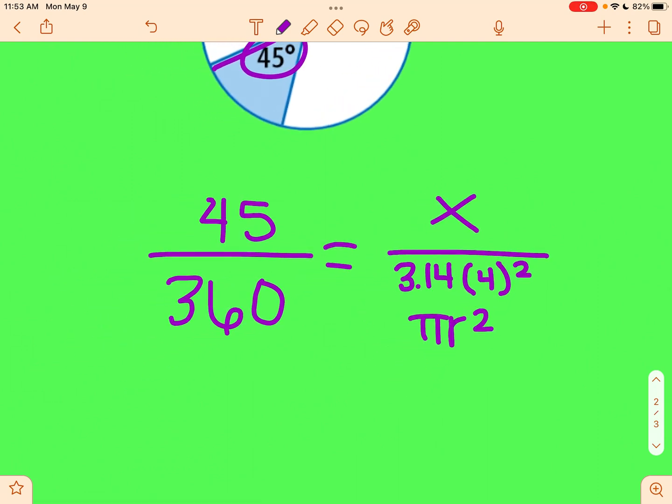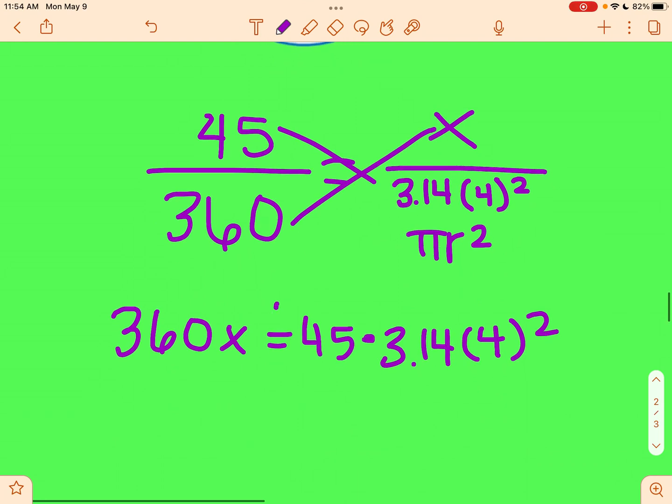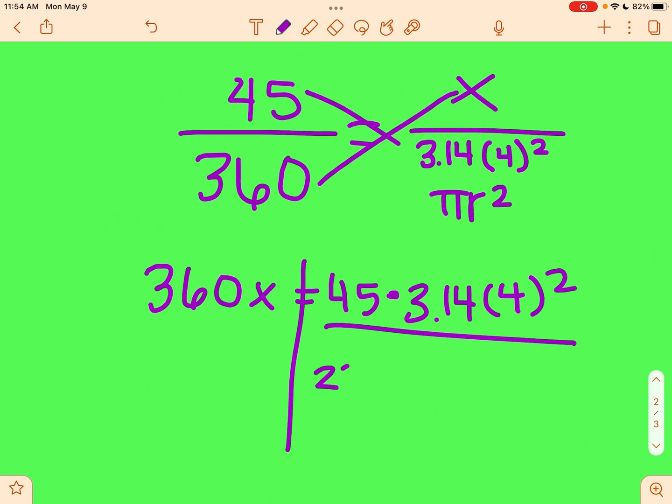Alright, so here's how we could do this. We can cross multiply, get 360x equals, now we're multiplying all of this together. So we're taking 45 times 3.14, let me rewrite this. 45 times 3.14 times 4 squared. So before we solve it, we need to type all of that in on our calculator. So 45 times 3.14 times 4 squared gives me 2260.8, and that's all equal to 360x.